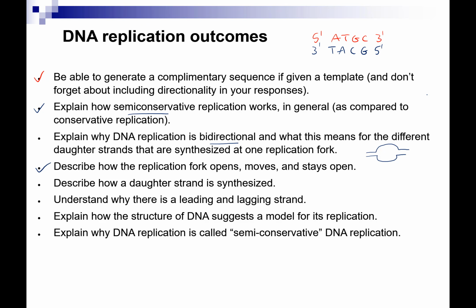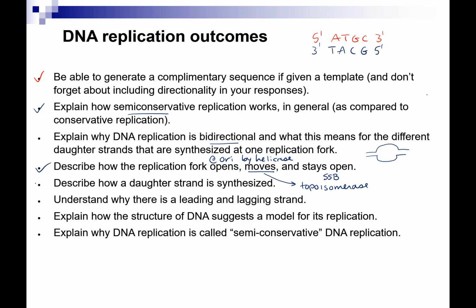Describe how the replication fork opens, moves, and stays open. It opens at an ORI by helicase, and it stays open because of those single-stranded binding proteins. And the replication fork can move because of topoisomerase.